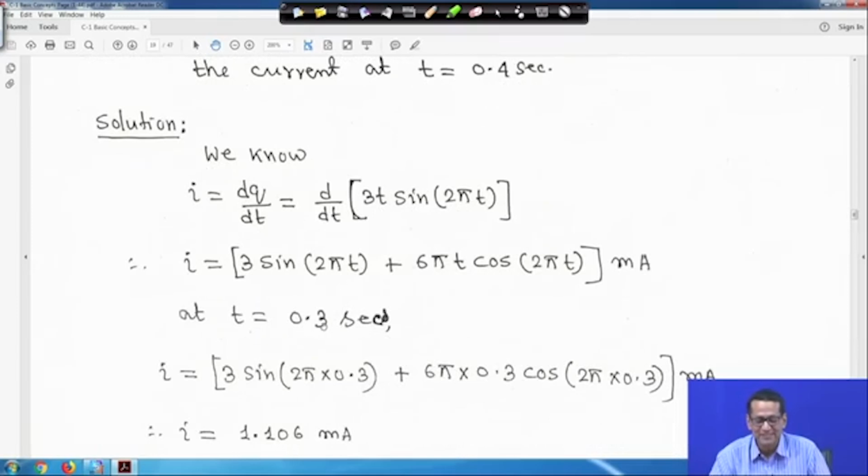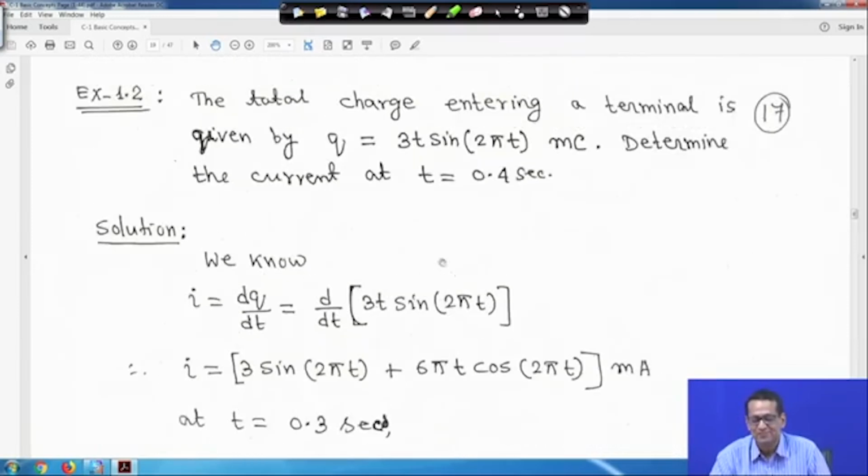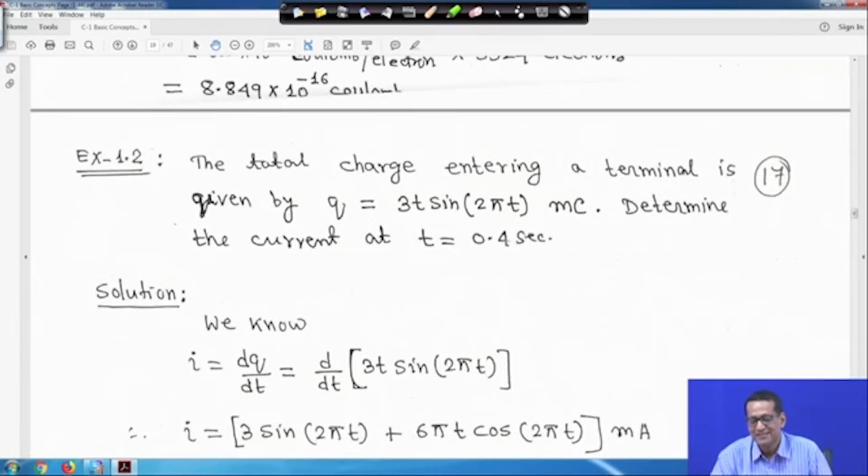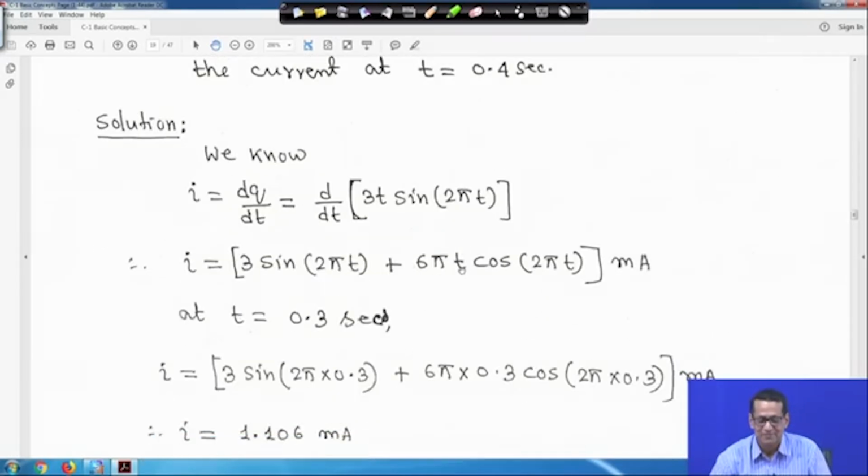Here I have taken t equal to 0.3, but while writing it has been made 0.4; it should be 0.3. There should not be any confusion. Here it is a screen, so I cannot make the correction. This one should be t equal to 0.3.